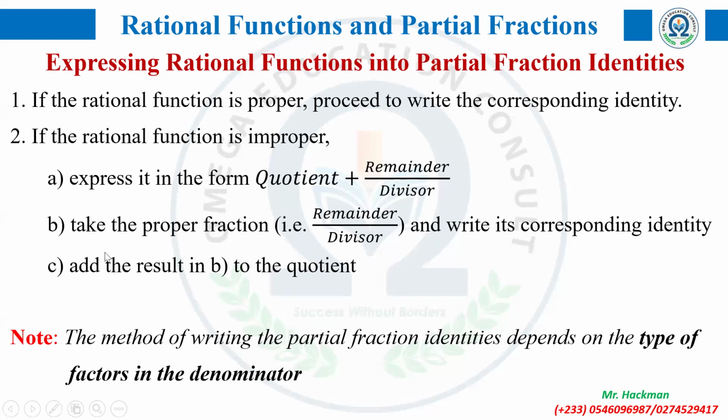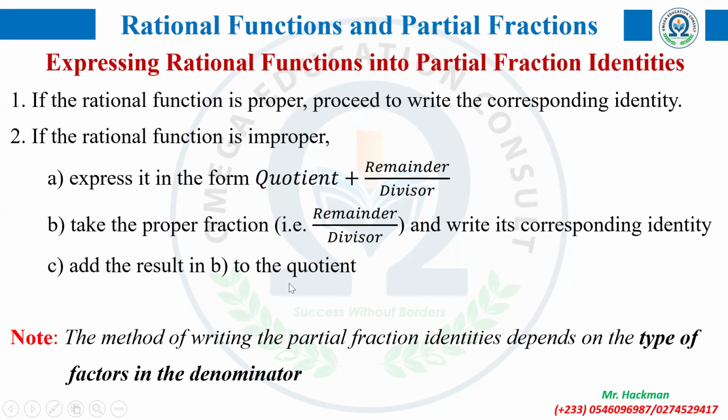Then after that, what do we do? Take the proper fraction, and we all know how to resolve a proper fraction. Write the corresponding identity, then you resolve. So basically, write the improper fraction identity, take the proper fraction, resolve the proper fraction, and you are done.